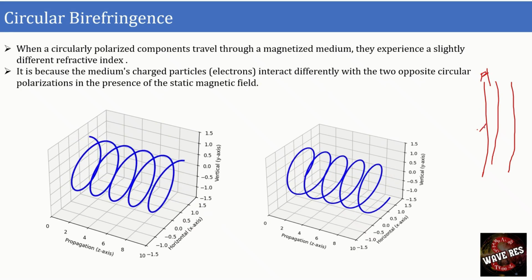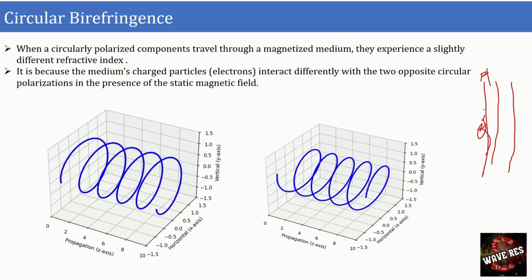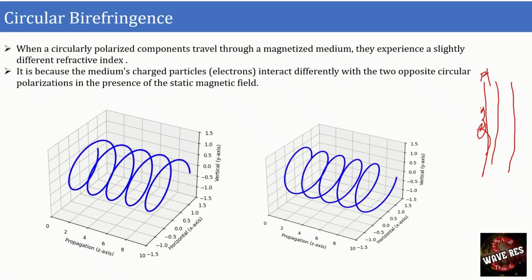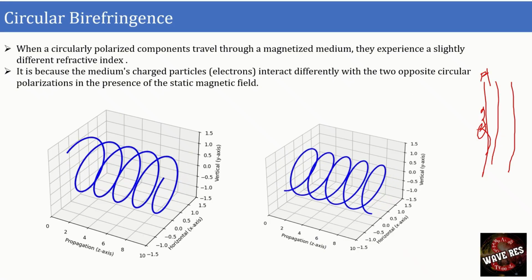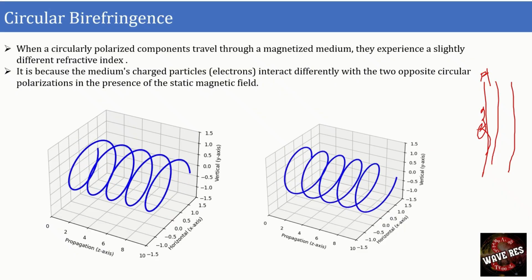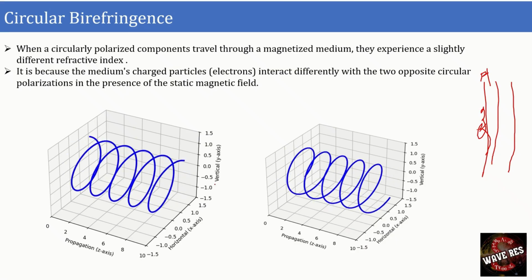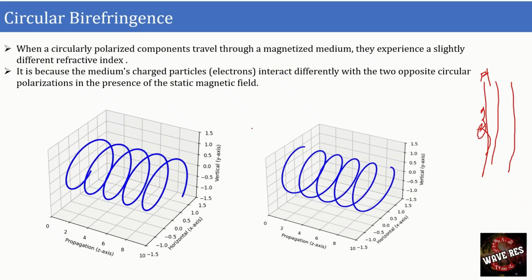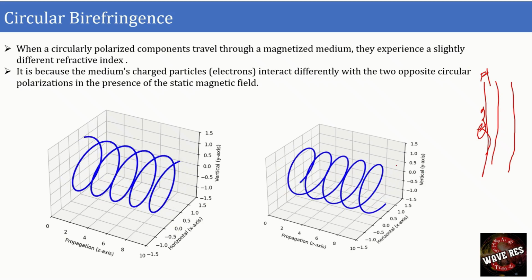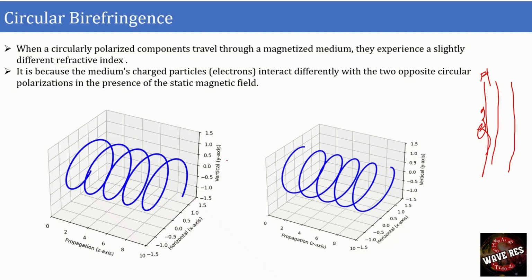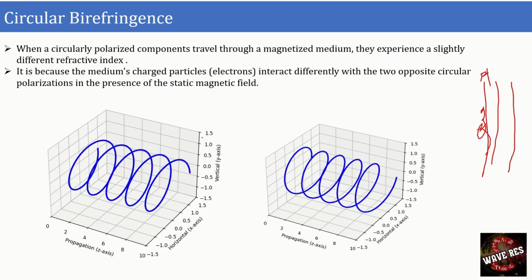These electrons interact with the Earth's magnetic field and rotate around it. When a right-hand or left-hand circularly polarized wave propagates through this ionosphere, it interacts with these electrons. Based on the orientation of the magnetic field of this right-hand or left-hand polarized wave, it causes different velocities of propagation, because the orientation of the magnetic field is different for a right-hand polarized wave and a left-hand polarized wave.